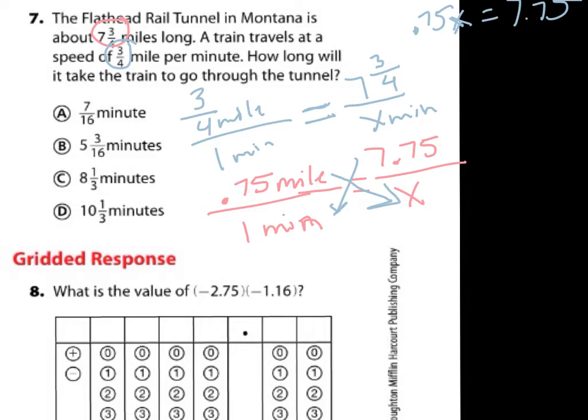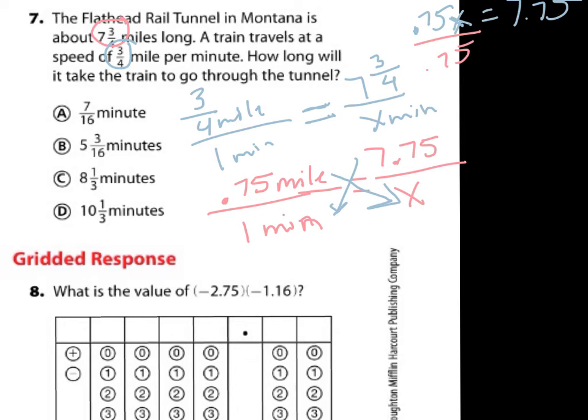Okay, so we're up here at the top. This is a one-step equation. I don't know if you learned it last year, but all I have to do is divide. What this tells me is 0.75 times something is going to give me 7.75.